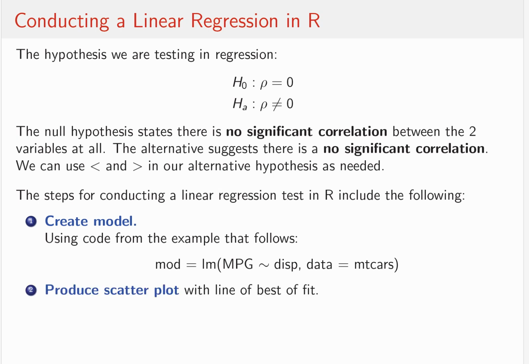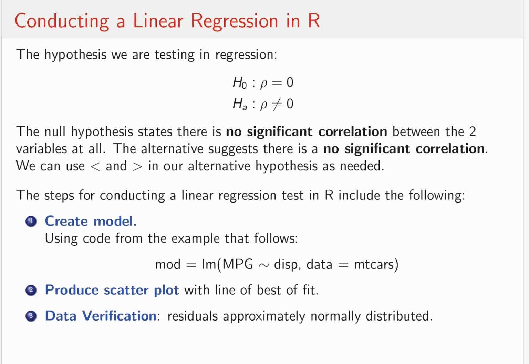Okay, so after we create the model, we're going to create a scatter plot with a line of best fit superimposed on it. We're going to do our data verifications, which is what we have to determine whether or not the residuals are approximately normally distributed. And if they are not, the data are not appropriate for regression. Then we're going to run the regression and report out.